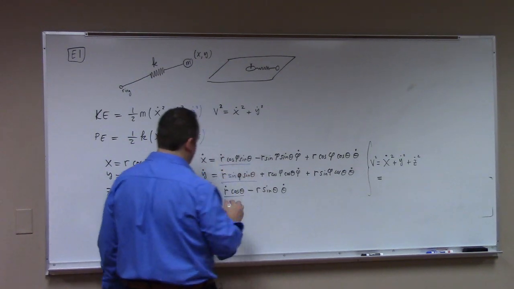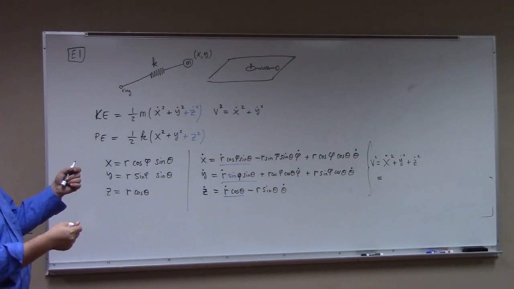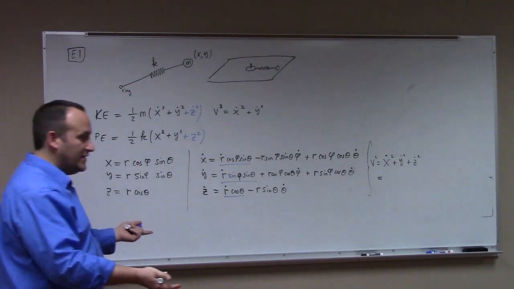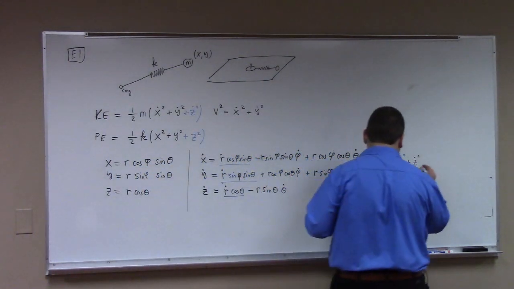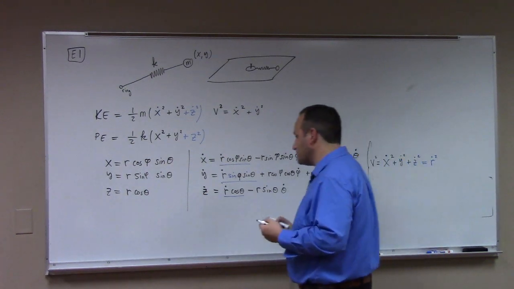All right, so I get cosine squared plus sine squared, which collapses down to give me a sine squared theta, and then a sine squared theta plus cosine squared theta. After the dust settles, the r dot terms just yield r dot squared, which is nice.